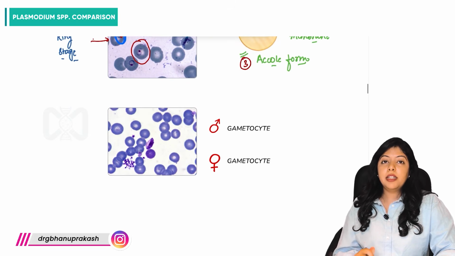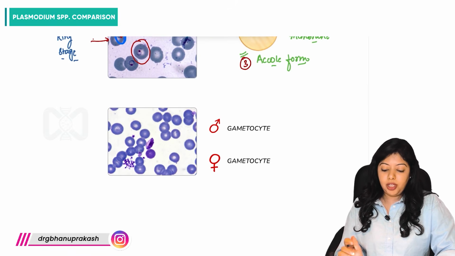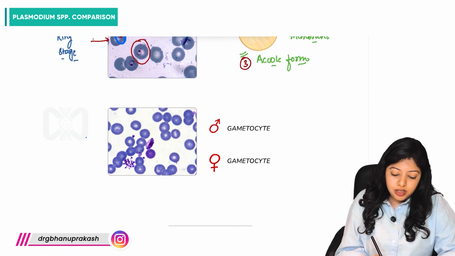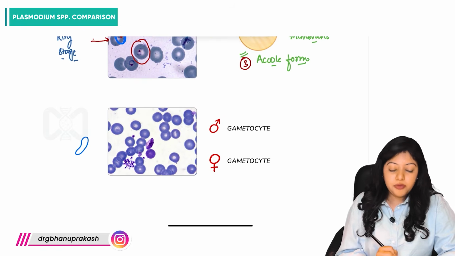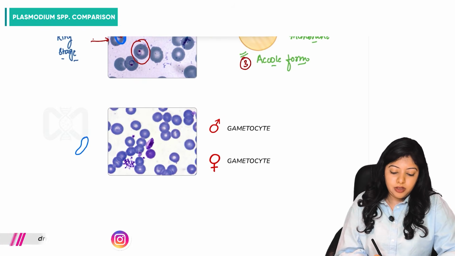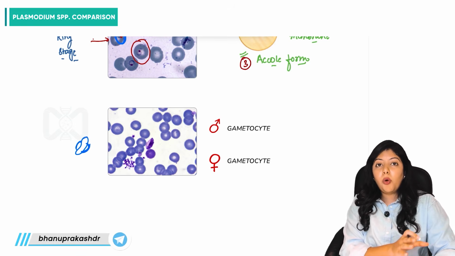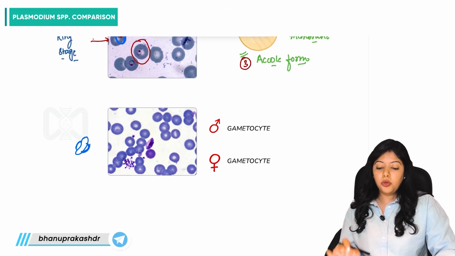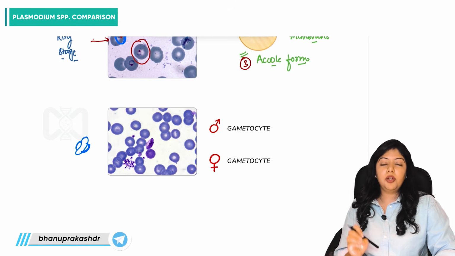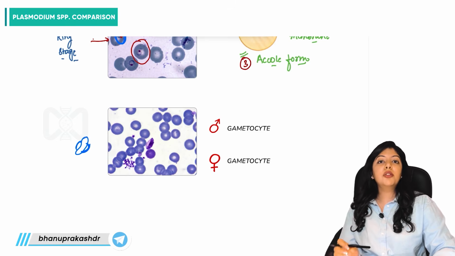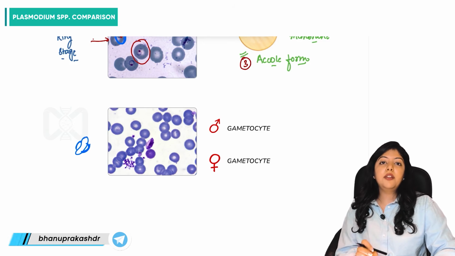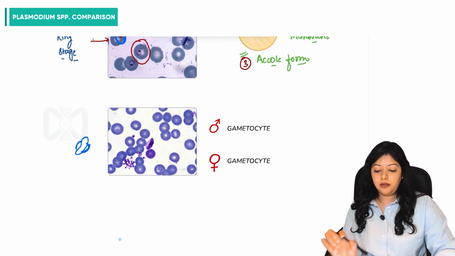Plasmodium falciparum, it is banana shaped. So can you see this typical shape of the gametocyte? We have the RBC and this typical shape of the gametocyte. It is different from all of the other species. So it is a typical feature of Plasmodium falciparum. If you are able to spot this, you will definitely know that this is Plasmodium falciparum.